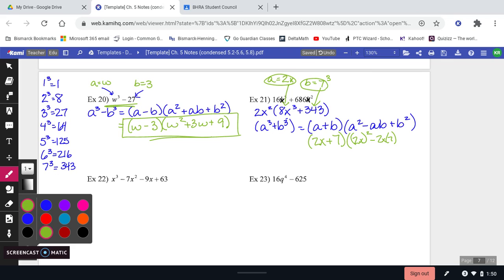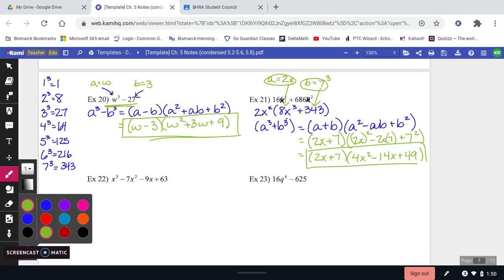We'll clean that up in a second. And then B squared. B is that 7, so I'm going to go plus 7 squared. Okay, so like I said, let's clean this up: 2x plus 7, and then 4x squared minus 14x plus 49.